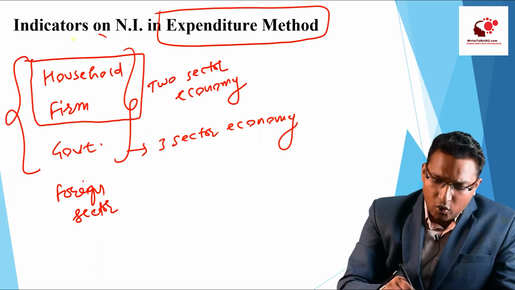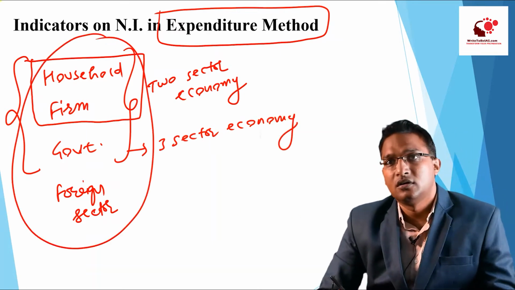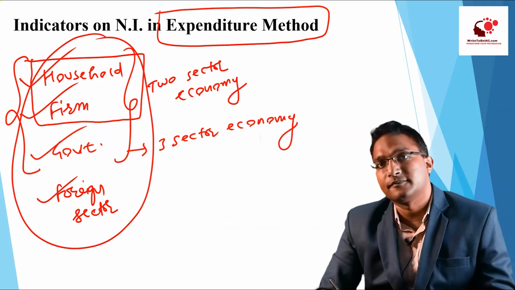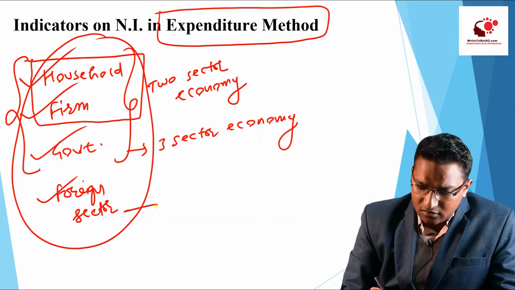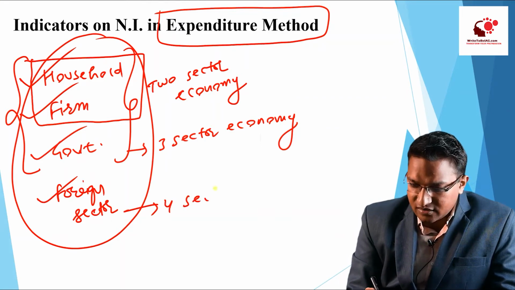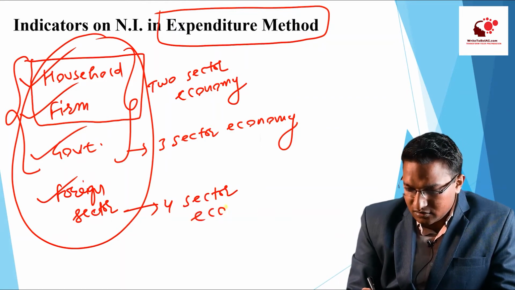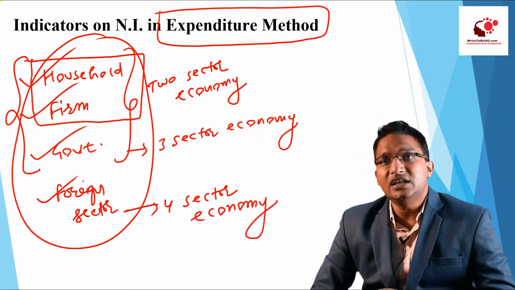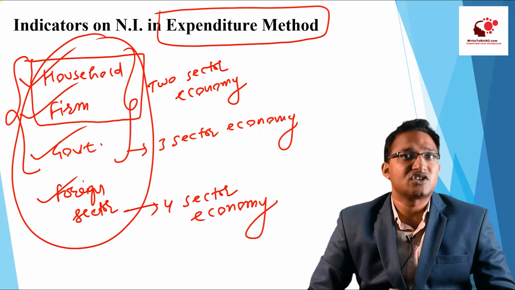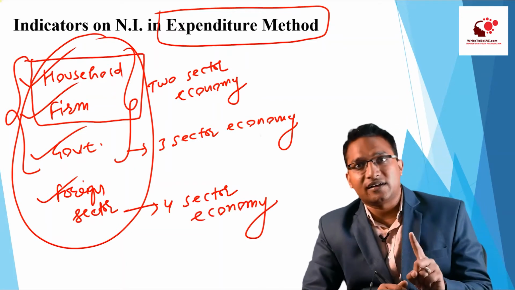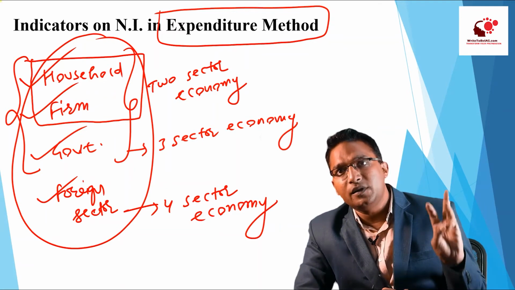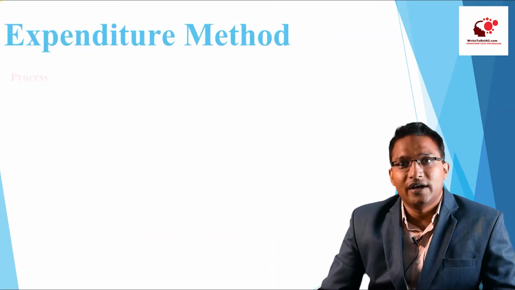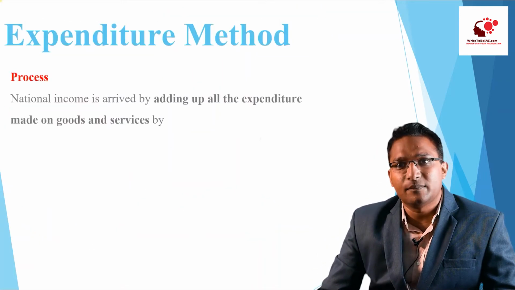And when we consider all four, which includes household, firm, government and foreign sector, then this is called four sector economy. So we will see the calculation of national income in two sector economy, in three sector economy and in four sector economy, right? So in the expenditure method, what is the process?